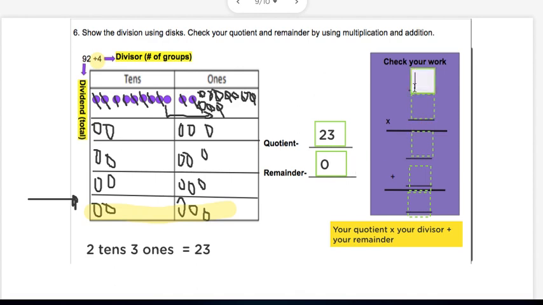Now, let's check our work. What's my quotient again? Good. 23. What's my divisor? 4. Ooh, this one we might need to pause to figure out the answer. 23 times 4. Pause the video to see if you can figure out the product.